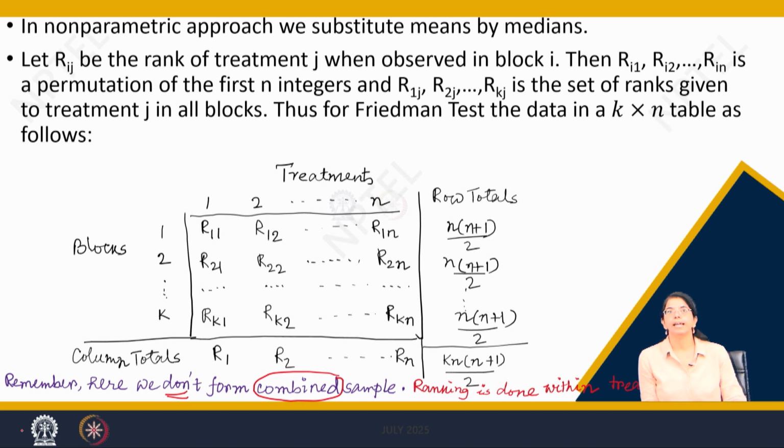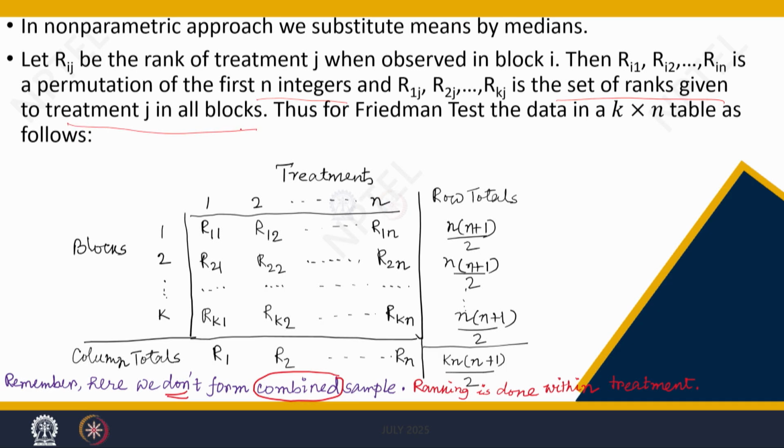Let Rij be the rank of treatment j when observed in block i. Then Ri1, Ri2, ..., Rin is a permutation of the first n integers, and R1j, R2j, ..., Rkj is the set of ranks given to treatment j in all blocks.